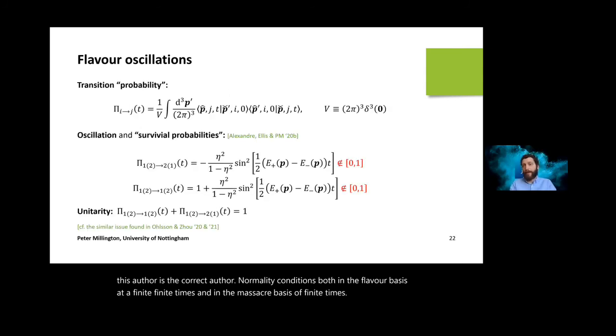So now we can go ahead and we can calculate the transition probability. So we can calculate the probability that, given that I produce a Flavour I at the time 0, I observe a Flavour J at the time t. You'll notice that the transition probability that I've defined here is not just the modulus squared with respect to Hermitian conjugation.